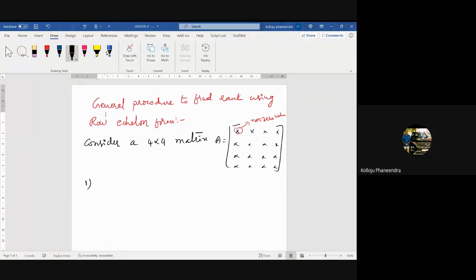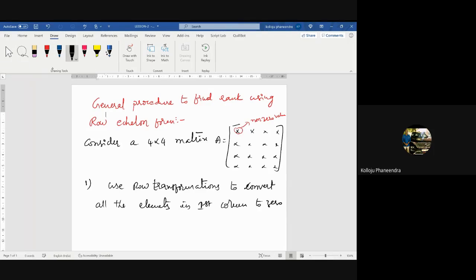Step 1 is: A equal to, use row operations, use row transformations to convert all the elements in the first column to 0, using the first position, that is A11, which is not equal to 0.